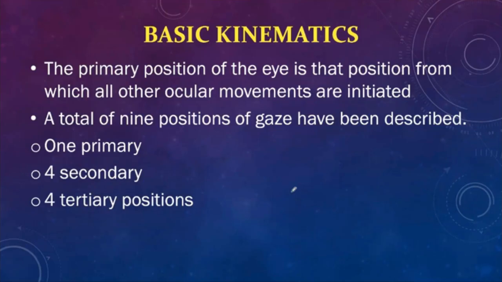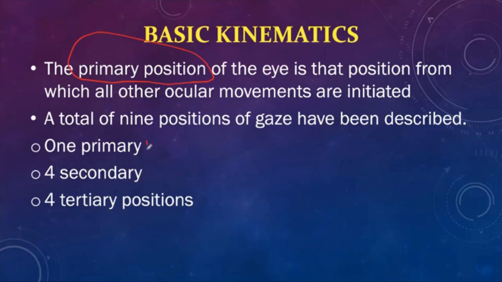The basic kinematics or the basic movements of the eye can be classified into 9 movements. All are initiated from a single movement called the primary position. So we have one primary position and the other 8 positions. So what is the primary position? We will know now. But to start with, the primary position is the initial position from which all ocular movements are initiated.